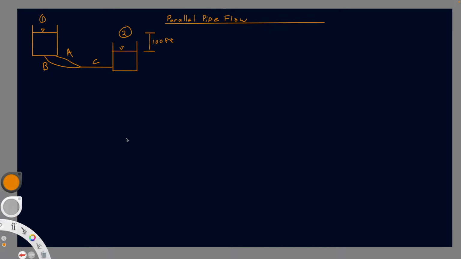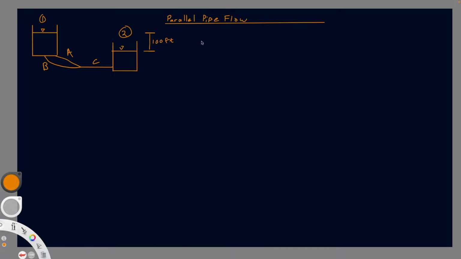So let's take a quick look here. If you've been keeping up with the series, or if you've studied hydraulics before, then you probably know the first thing we're going to do is apply our energy equation. We've done this before in a previous episode, looking at conditions between two reservoirs.